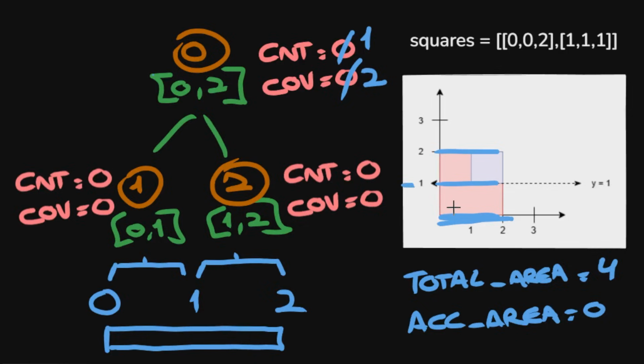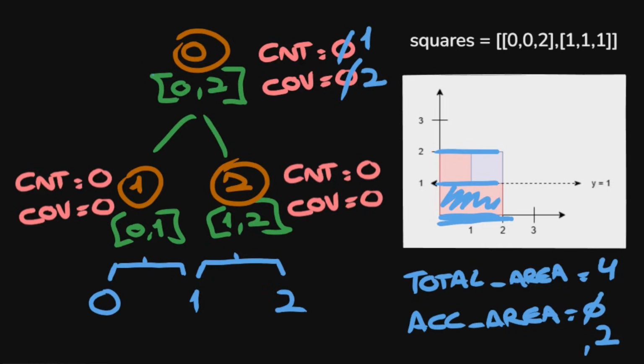Here we can compute the area below this breakpoint, so we take the covered range for position 0, which is 2. This corresponds to this length, and regarding this length, we take the current breakpoint minus the previous one. So 2 times 1 minus 0, meaning 1, is 2. The area of this is 2, so the accumulated area up to this point is 2.